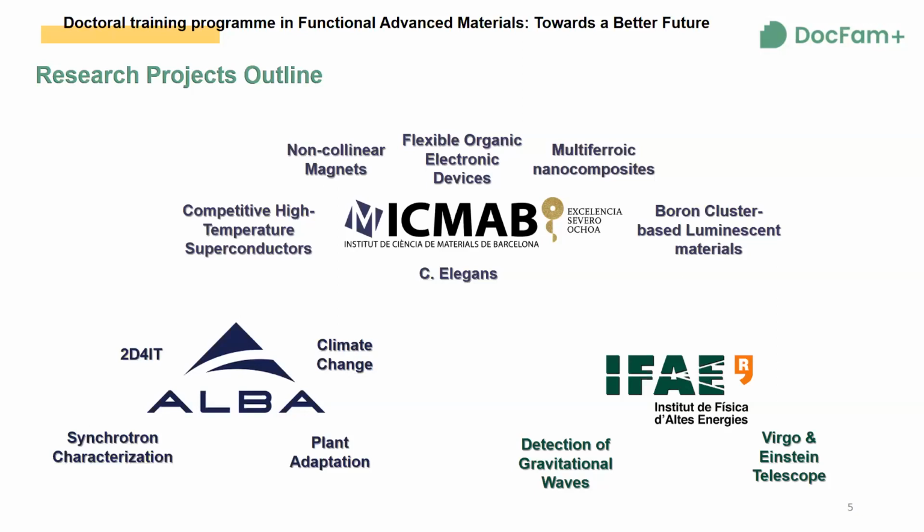So at ICMAB, we have projects related to different areas of material science, like superconductors, magnets, organic electronics, in vivo models like the C. elegans, and other kinds of materials. For example, in ALBA, we have topics related to climate change and synchrotron characterization, and in the Institute of High Energy Physics, more projects related to space.